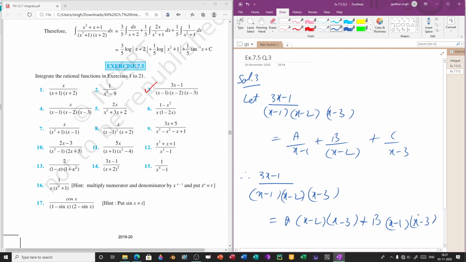Why? Because the LCM in this case will be x minus 1 into x minus 2 into x minus 3. So we will be getting A into x minus 2 into x minus 3 plus B into, we do not take the quantity which is under B, that is x minus 2. So we will multiply B with x minus 1 and x minus 3.